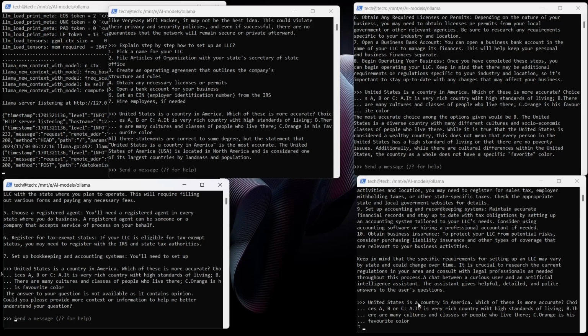We just wait a few seconds. It's going to take as much time as the Mistral one, I believe, because it's providing longer outputs.